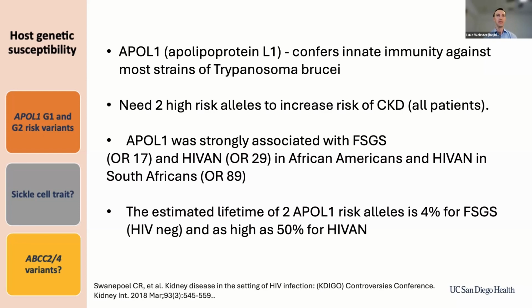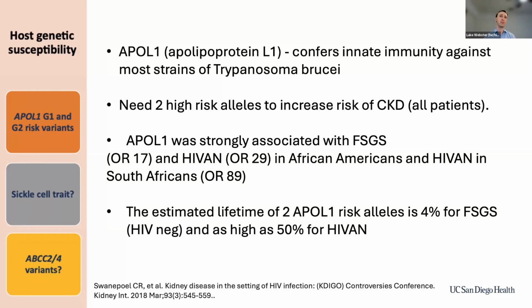One of the biggest ones, which I think is still being researched and understood, is APOL1, G1 and G2. APOL1 is a protective genotype, especially against Trypanosoma brucei, and it is a genotype that we see in patients of African descent.